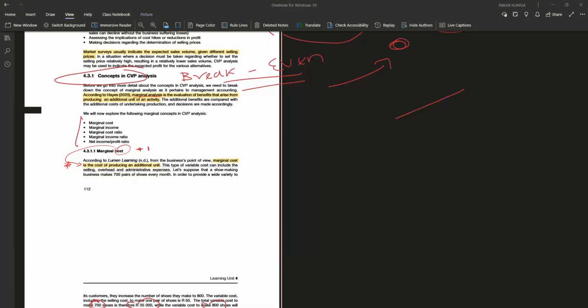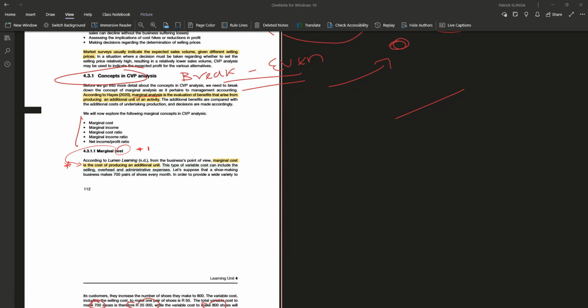Right, class, we are covering our last and final section, which is the concept in CVP analysis. CVP stands for cost, volume, profit analysis. And a critical concept before delving deep into CVP analysis is marginal analysis.